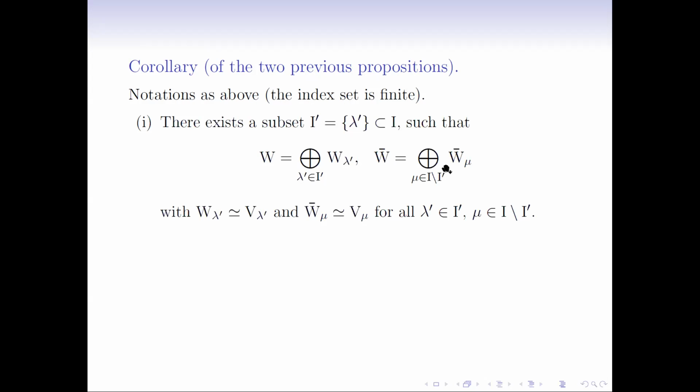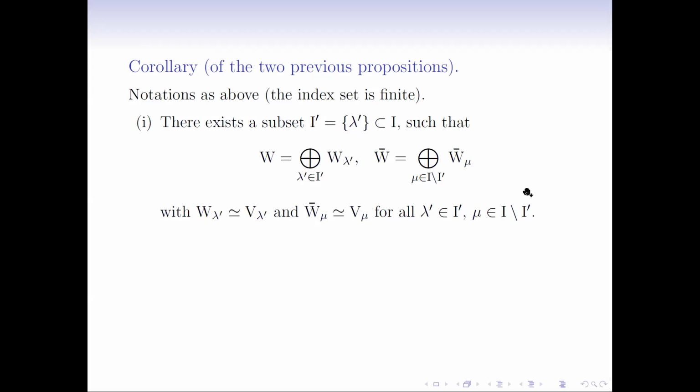W bar is the direct sum of simple submodules parameterized by the complementary subset I without I prime. And we have an isomorphism between W lambda prime and V lambda prime, and W bar mu and V mu, for all indexes lambda prime from I prime and mu from I without I prime.